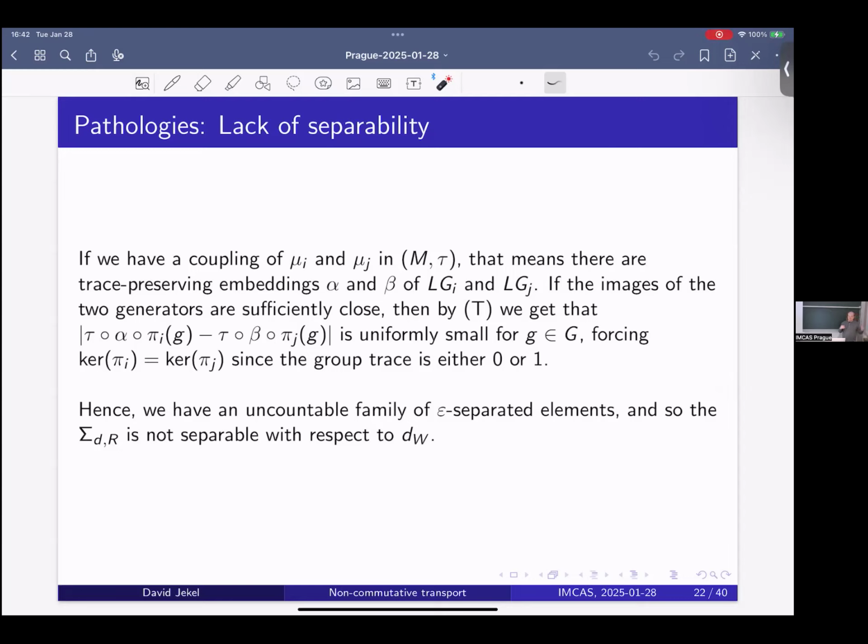And the traces of them, since it's the group trace, will either be 0 or 1. So this forces the image of each thing in the original group to be identity if and only if it's the identity in the other quotient map. So it forces the two quotient maps to be the same. Right, so that's the point. You use property T to argue this, and thus you deduce that these things have to be separated by some fixed distance.